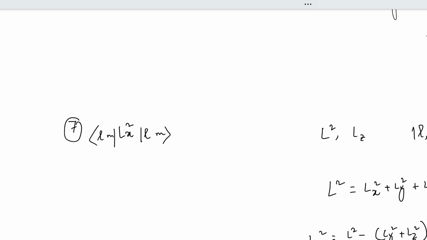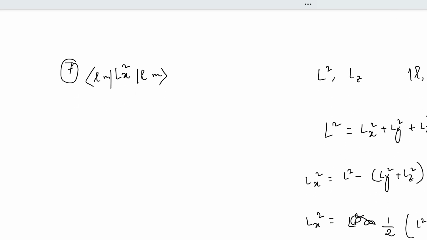So you can write half L squared minus Lz squared minus Lx squared minus Ly squared plus Lx squared equal to Lx squared. Why? Because you see that this plus half Lx squared, when it comes to this side, you will be getting Lx squared minus half Lx squared, which is half Lx squared, equal to half L squared minus Lz squared minus Ly squared. So this half and half cancels out, and you are again getting back to this part. So equivalently you can write it down like this.